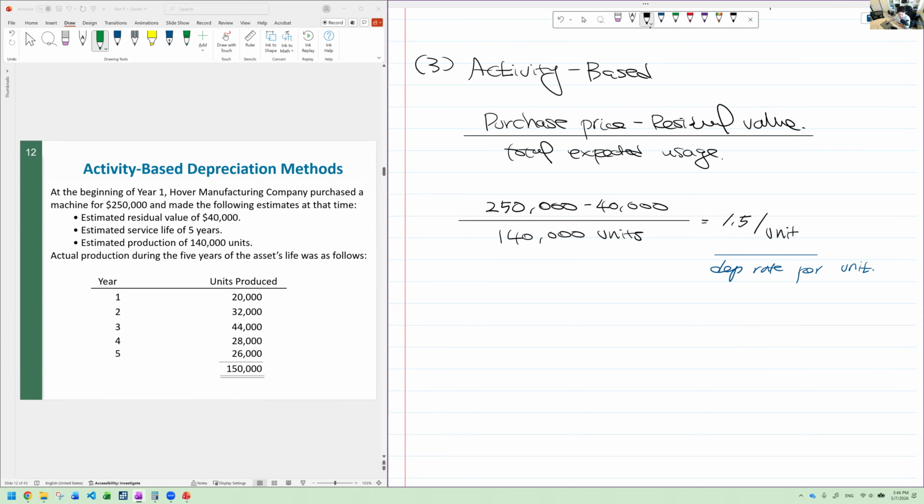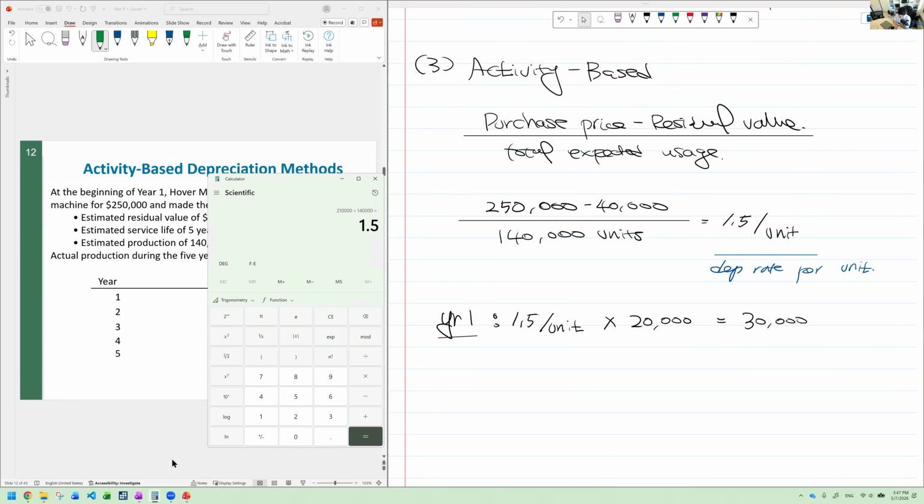So year one, the depreciation rate is $1.50 per unit. And then the actual usage, we used it for 20,000 units. So that means year one, we are going to depreciate the machine for $30,000. There you go, 1.5 per unit times 20,000 units.